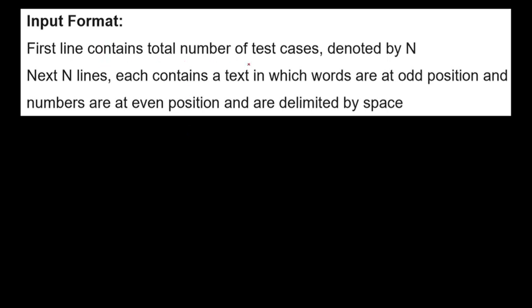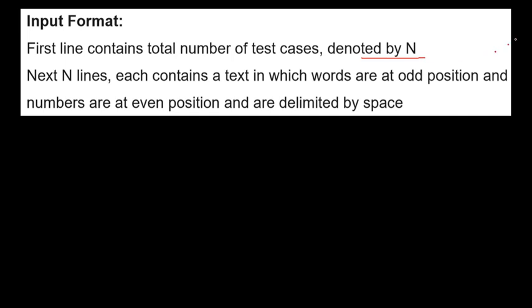The first line contains the total number of test cases denoted by n. Next n lines, each contains a text in which words are at odd position and numbers are at even position and are delimited by a space. Let me explain what they are telling you here.